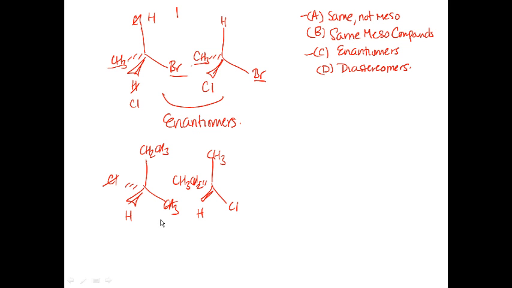Well, I'd have to switch the CH3 and the Cl, so that would be one switch. And then I'd have to switch the CH3 and the CH2CH3. So that means after two switches, now the molecules are lined up exactly the same, and so therefore these are the same molecule, and they're not meso because meso compounds require two or more chiral centers.